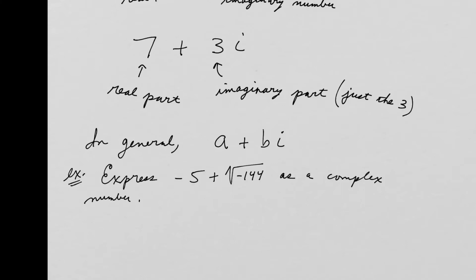Okay, so first of all, I could write this as negative 5 plus, and I can break up the square root of negative 144. I could write this as the square root of 144 times the square root of negative 1. And we know that the square root of negative 1 is i, and the square root of 144 is 12, right? It's a perfect square. So this is simply going to equal negative 5 plus 12i.